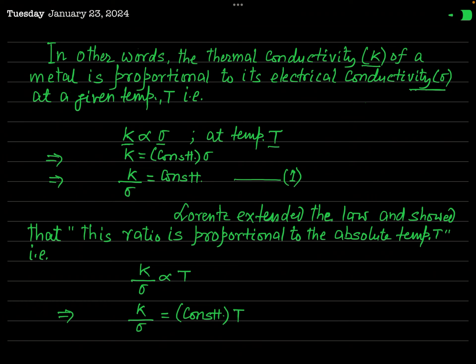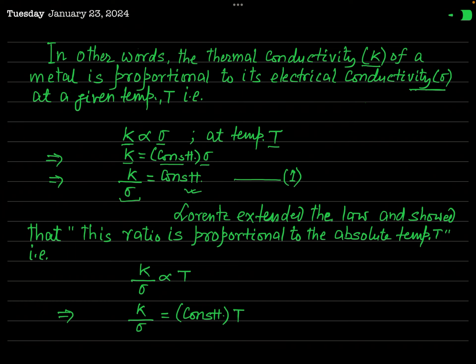Removing the sign of proportionality, we can write K is equal to some constant times sigma, or K over sigma is equal to a constant. This is the basic form of the Wiedemann-Franz law.